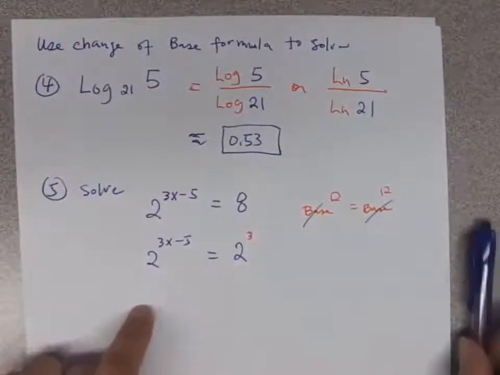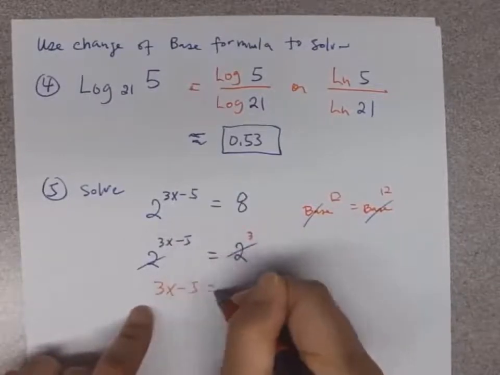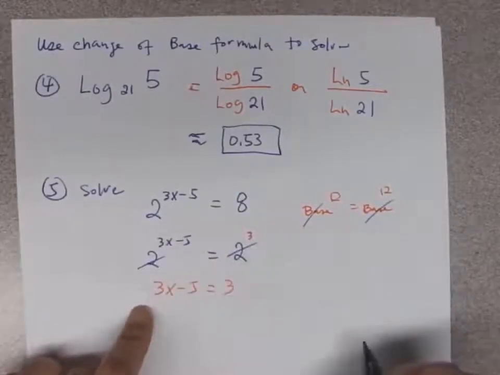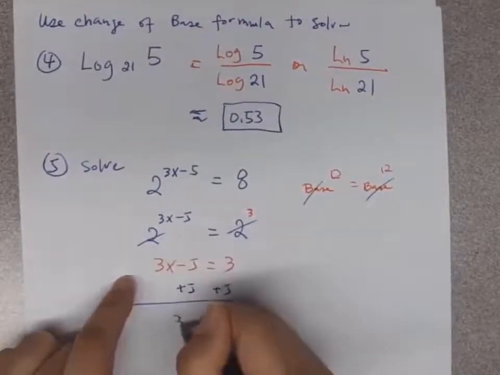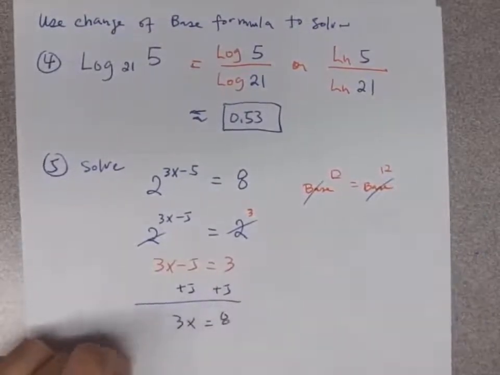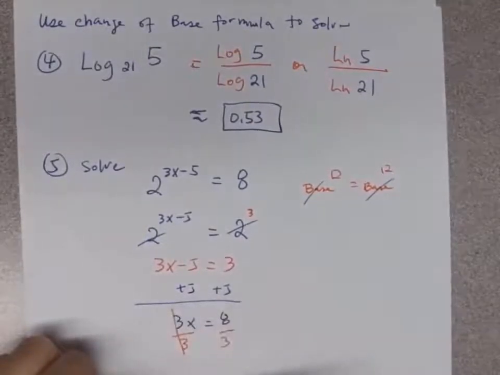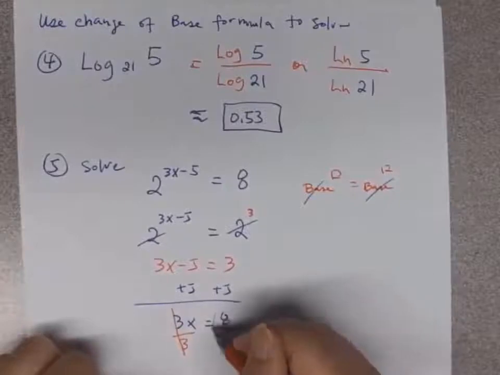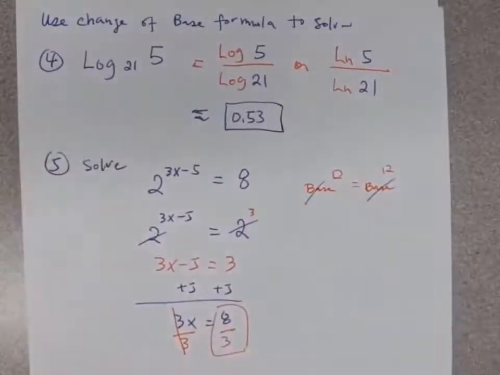Cancel the base. So just 3x minus 5 will equal 3, and then what? Add 5 both sides. 3x equals 8, so x equals 8 over 3. Is that okay? So this one is a little bit easier because they can change to have the same base on both sides. Are we okay with one of those?